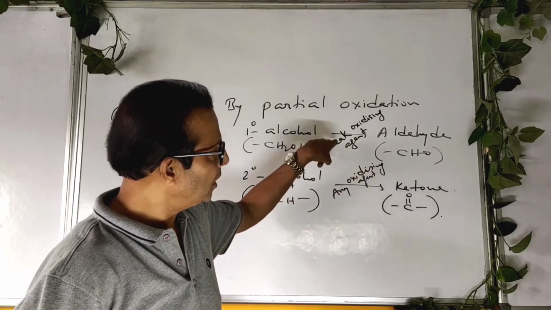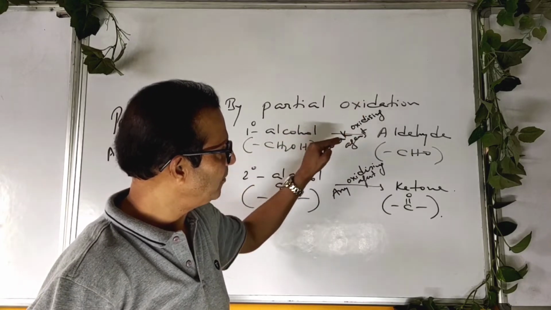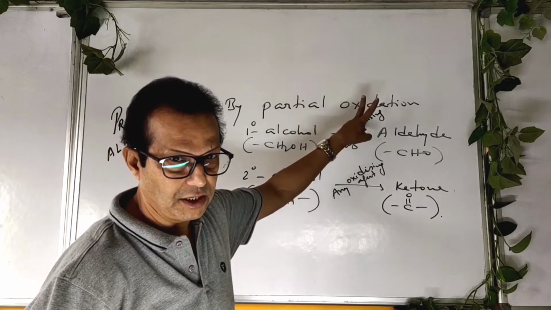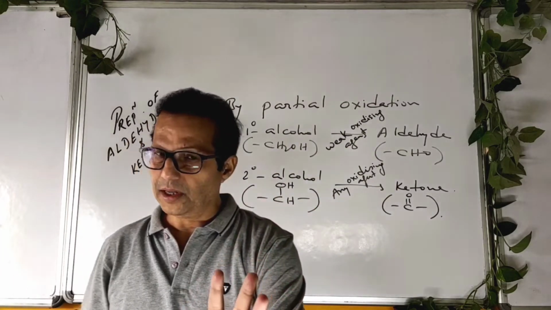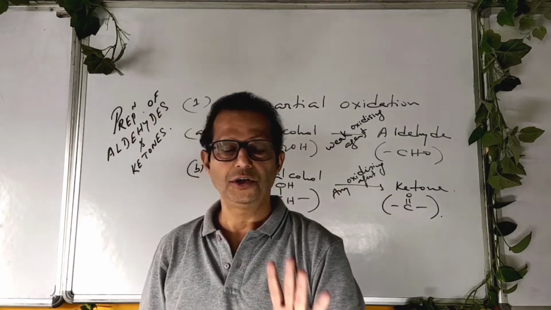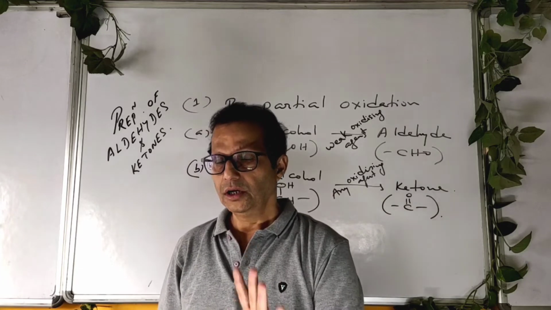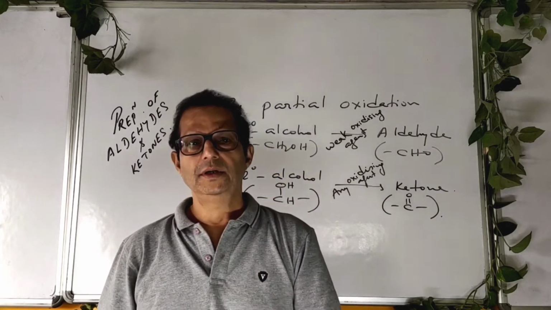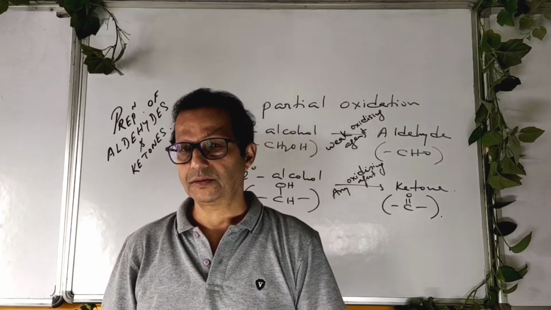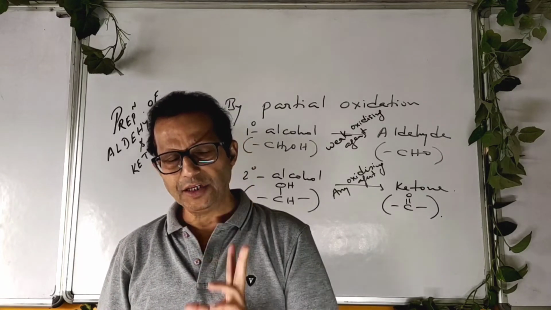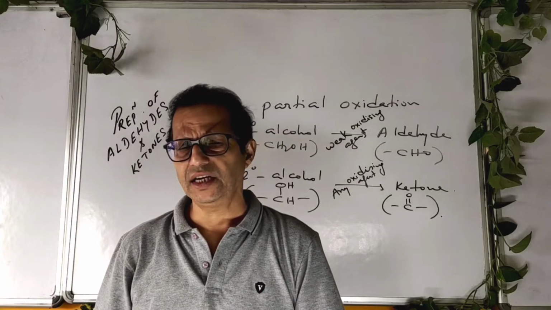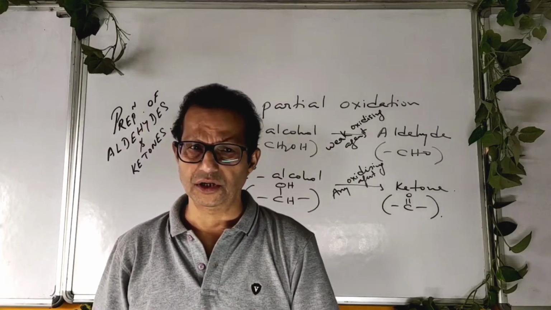That's why. Now the question is, what type of oxidizing agents are used here? Remember, under normal conditions ketones do not undergo oxidation, but under drastic conditions, by applying special conditions and in presence of a very strong oxidizing agent, ketone undergoes oxidation.